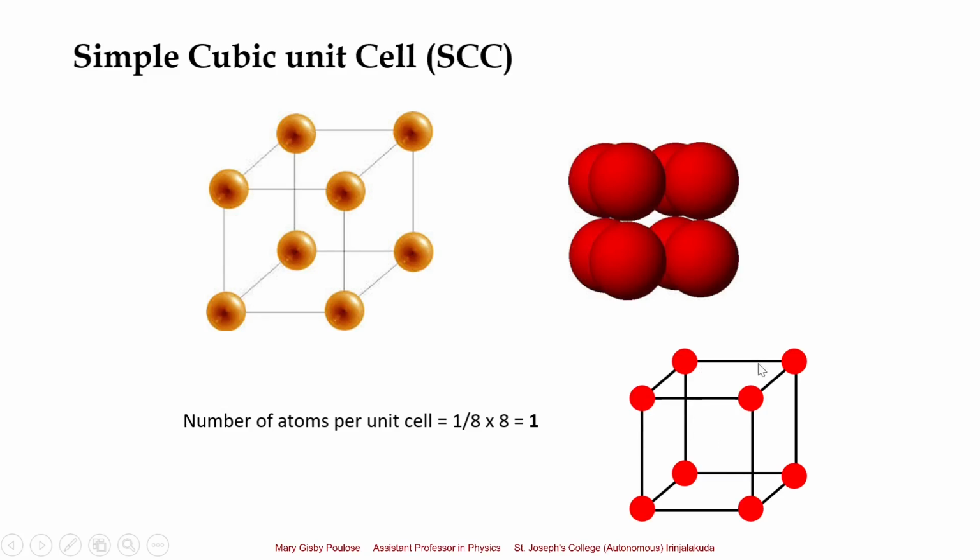Likewise, we have 8 different atoms in this single unit cell. Hence, 8 atoms, each contributing only 1/8 of its fraction to it, gives 1/8 into 8, that is 1. Hence, this unit cell has number of atoms per unit cell as 1.